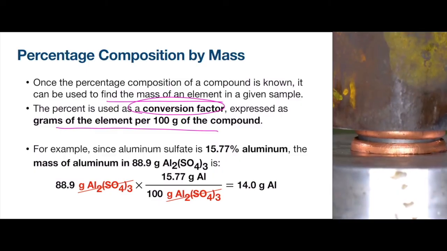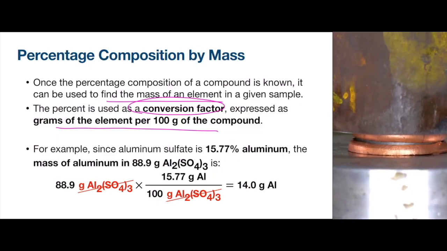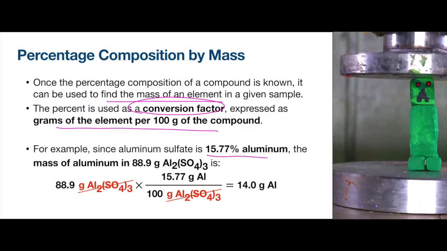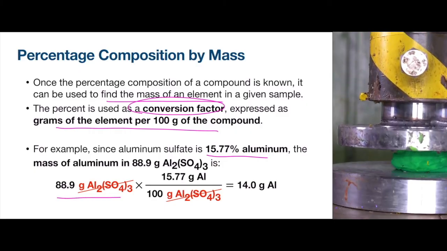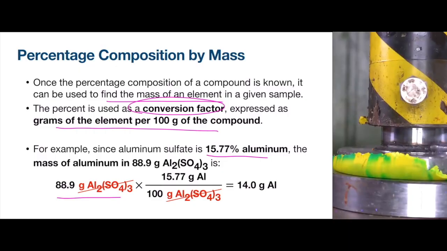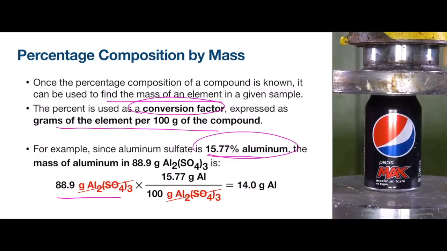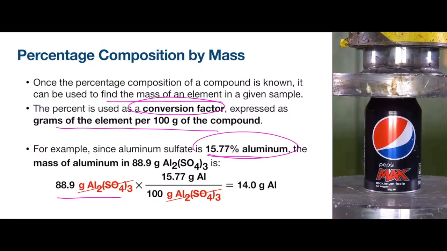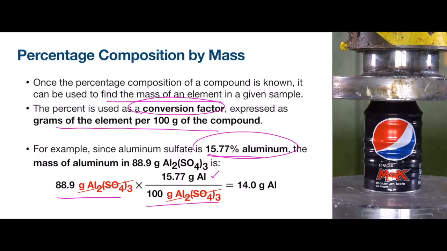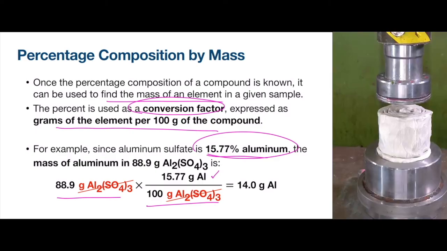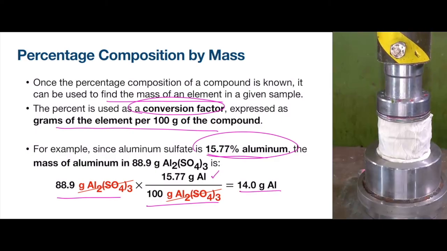So for example, earlier, we know that aluminum sulfate is 15.77% aluminum. So if the mass of aluminum sulfate is given, using this as our conversion factor written as 15.77 grams of aluminum per 100 grams of aluminum sulfate, we can solve for the mass of aluminum only.